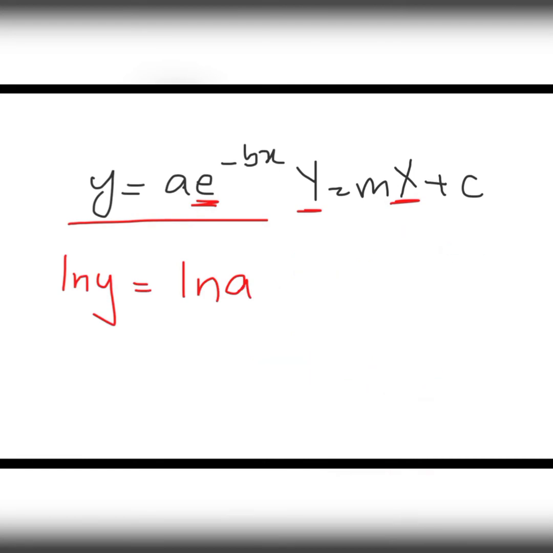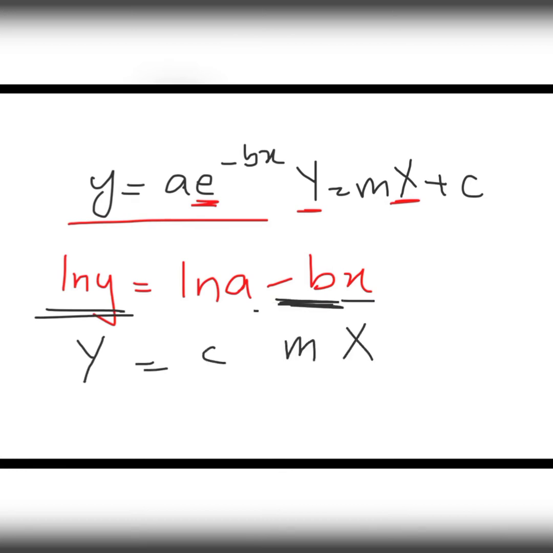So I can rewrite this as ln y is equal to negative bx plus ln a. And here I have it in the form y is equal to mx plus c. Ln y becomes capital Y, negative b is my gradient, x is capital X, and ln a is the intercept. So this is another linear form. And in this manner, I convert non-linear equations to linear forms.